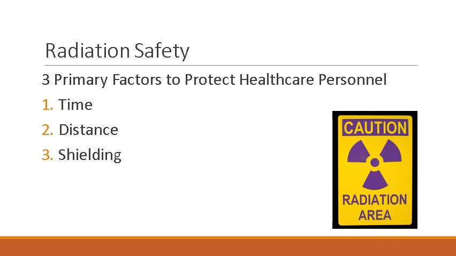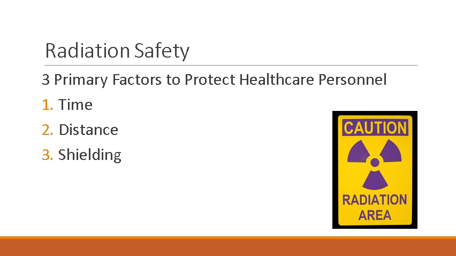Sometimes after individuals have their thyroid taken out or things like that, they have to take certain precautions related to the internal radiation they receive. So it's really important that you understand if it's external or internal, and what that means as far as your role.